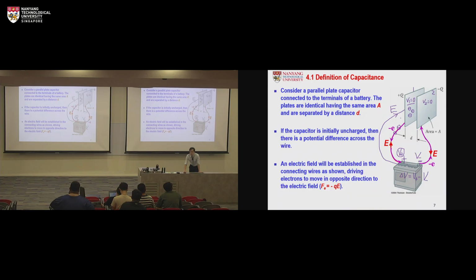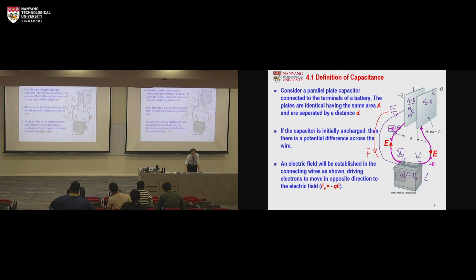So what will happen to those electrons? There is a finite E, and an electron of course carries charge minus e. So for all the electrons there will be a force along this direction. That is to say, the electrons are going to move from this plate to this side.